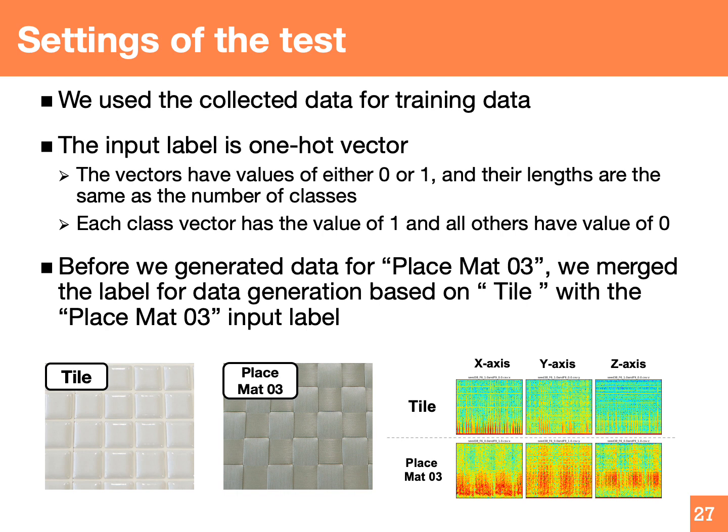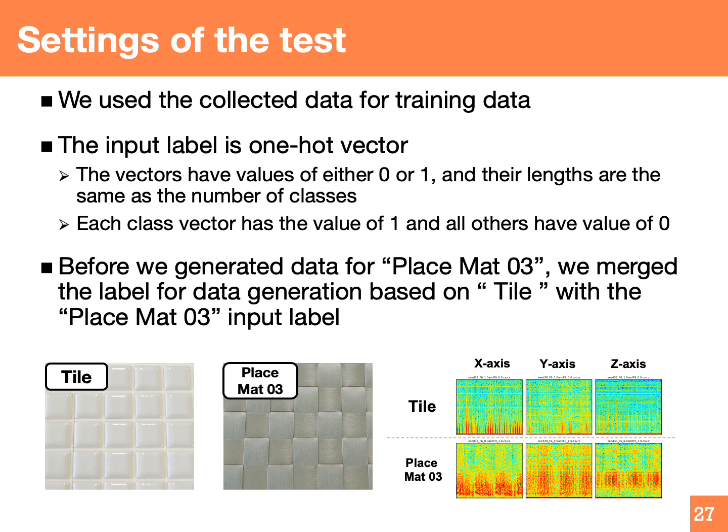We will explain the settings of the test. We use the collected data for training data. The input level is a one-hot vector. The vectors have values of either 0 or 1, and their lengths are the same as the number of classes. Each class vector has a value of 1, and all others have the value of 0.